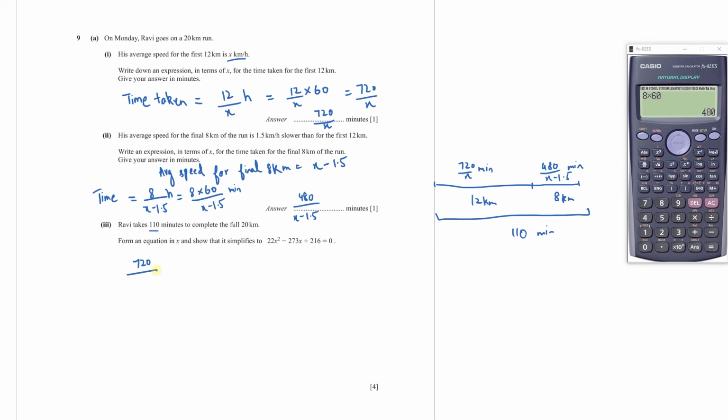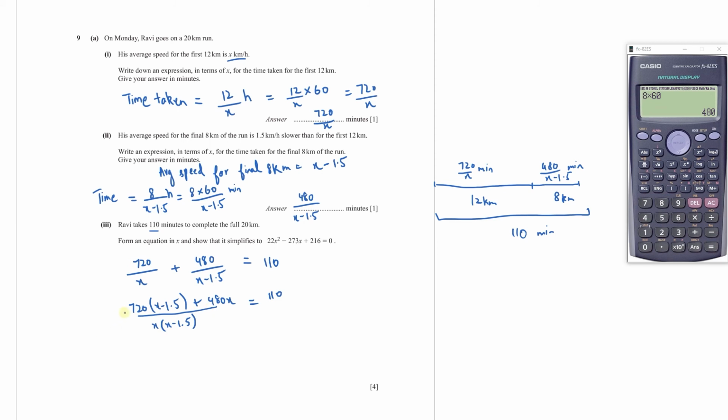So 720 over x, the time for the first 12 kilometers, plus the time for the last 8 kilometers, should equal 110. Now we can simplify this equation and convert it into this form. If I take the LCM, it will be x into x minus 1.5. Then I multiply 720 by x minus 1.5, plus 480 multiplied with this x, equals 110.